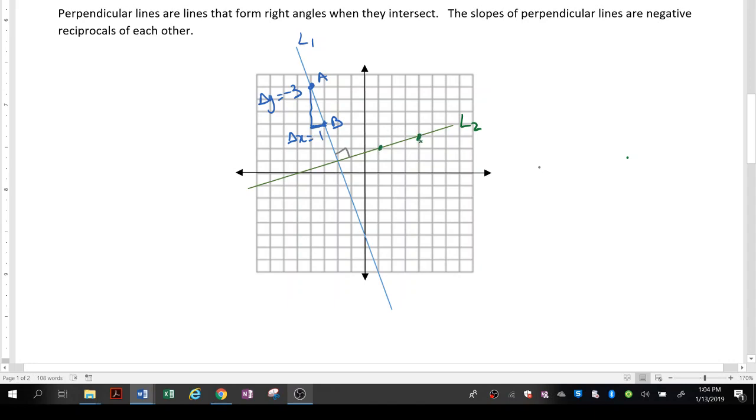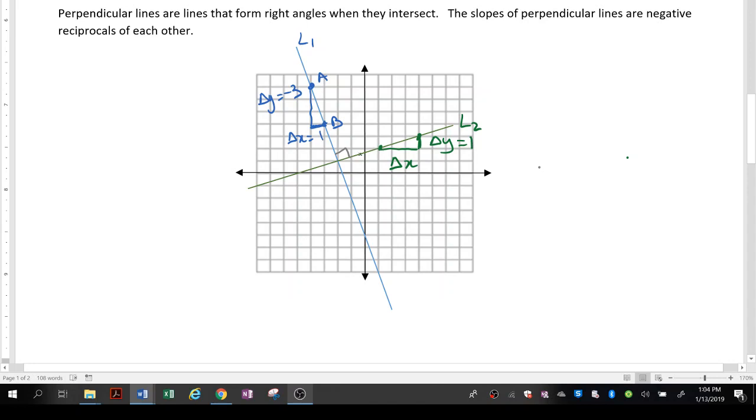You'll notice this is our change in y now. This is our change in x, given those 2 points. And what's happened is that our change in x, as we rotate this 90 degrees, becomes our change in y. So our change in y now is 1.